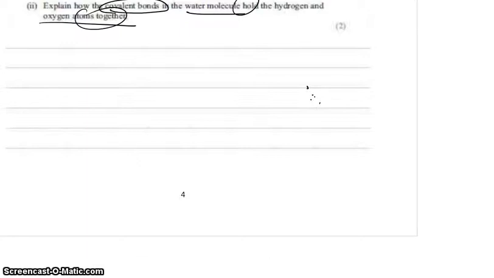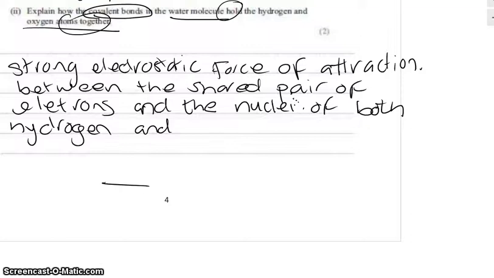So we would start by saying there is a strong electrostatic force of attraction. So the first part of the question is answered there for your 1 mark. Then you have to say what it's between. So it's between the shared pair of electrons and the nuclei of both hydrogen and oxygen. You get your final mark for those 2 parts to say what the attraction is between.